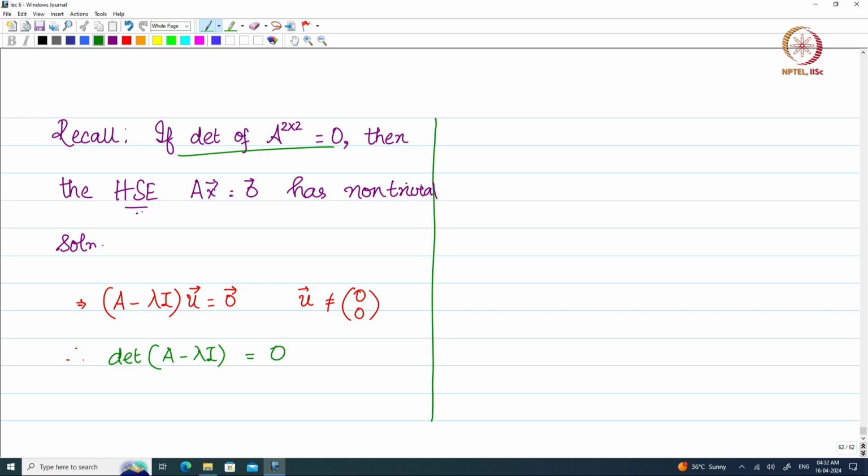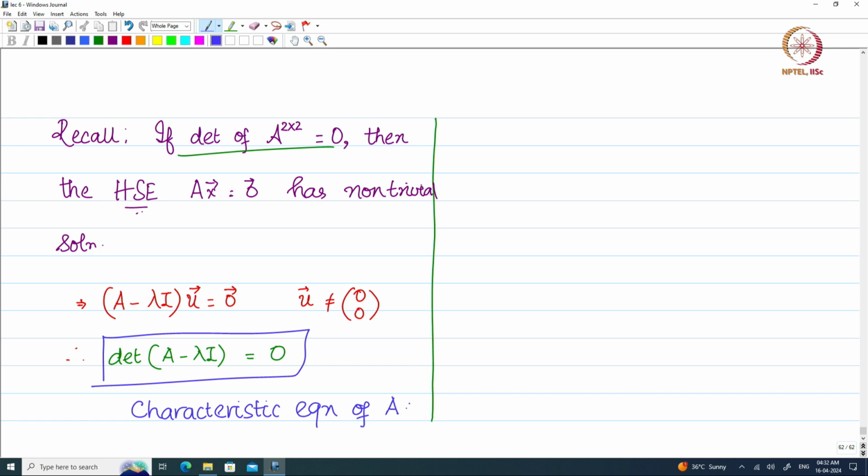That means the matrix A minus lambda I is basically a singular matrix. The determinant of this must be equal to 0, and this is exactly what we refer to as the characteristic equation of A, the matrix A. Determinant of A minus lambda I is equal to 0 is the characteristic equation of A.